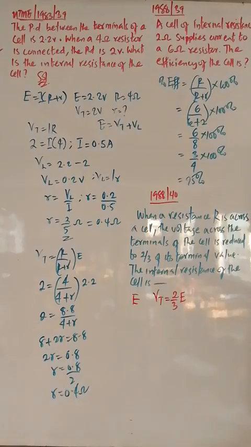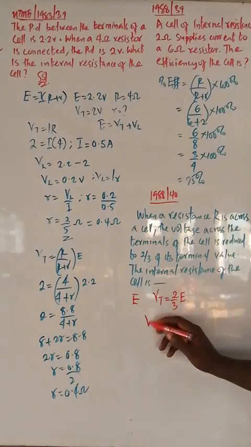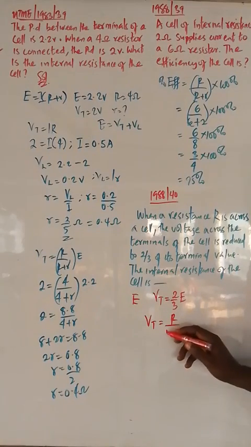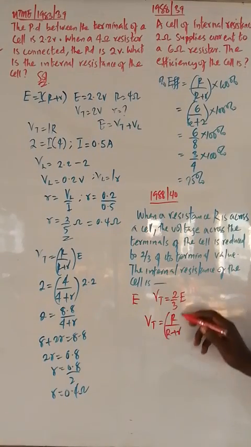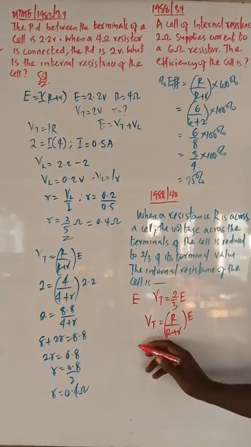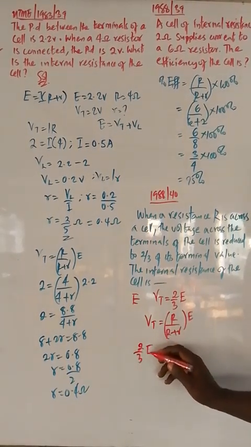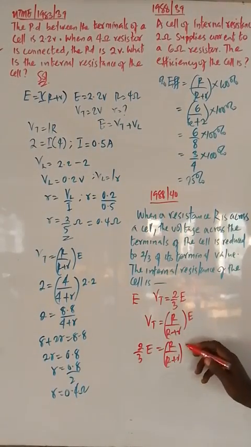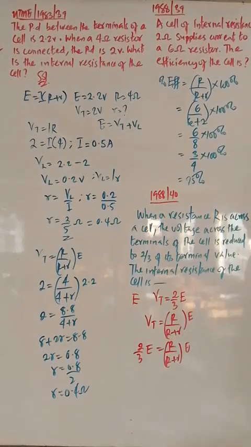So what are we going to use here? Recall the formula that terminal voltage equals R over R plus r, times E. So what's our VT from here? 2 over 3 E equals R over R plus r, times E. And what happened here?